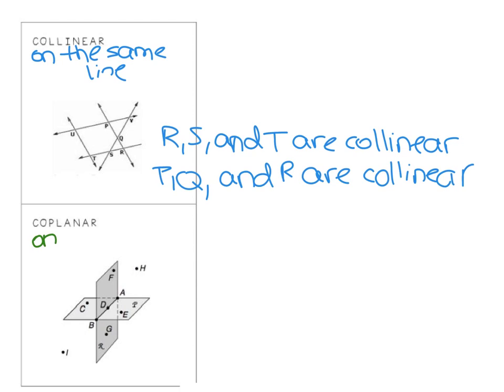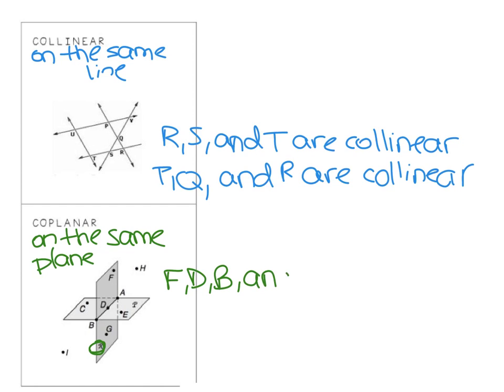Coplanar means on the same plane. So if we look at plane R, we could say that points F, D, B, and G are coplanar.